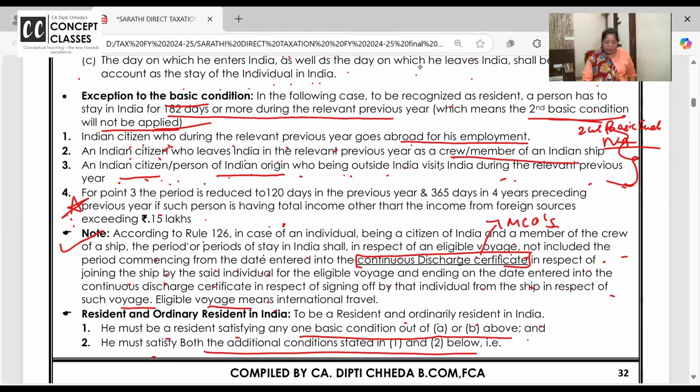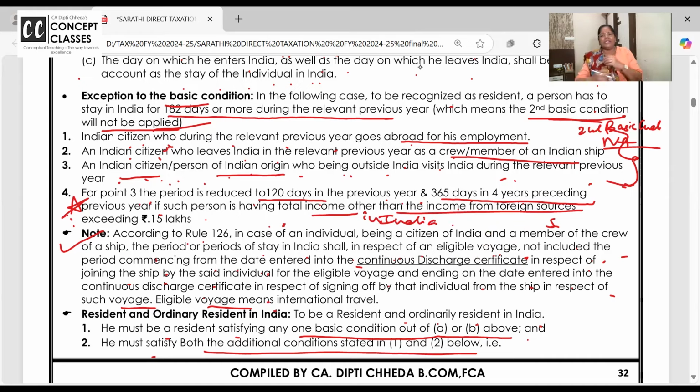So for point 3, the period is reduced to 120 days in the previous year and 365 days in the 4 preceding previous years if he is having total income other than foreign sources. Now, other than foreign sources means total income in India. I want all of you to write this.